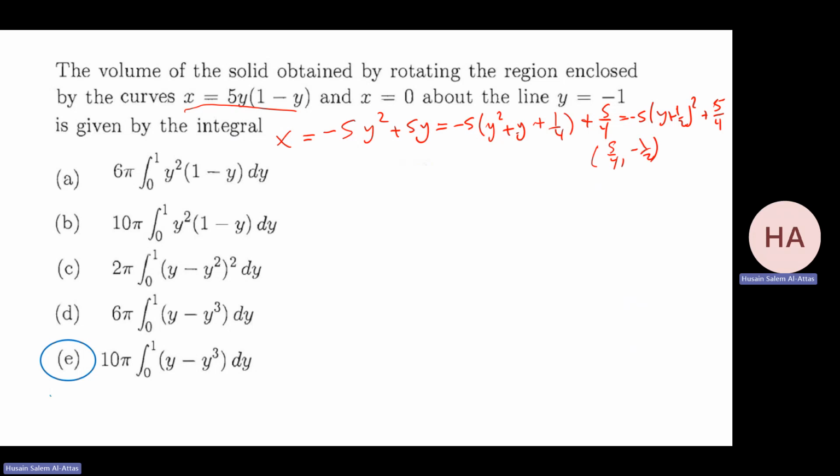Nice. So the vertex will be 5 over 4 and half, where half is the y value, and it opens to the left. So this is my parabola. I have 5 over 4 and half. Let me check the y squared.